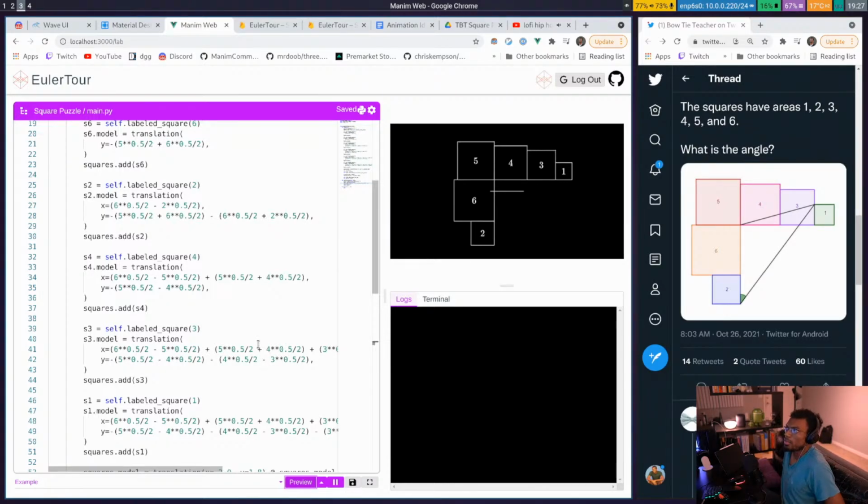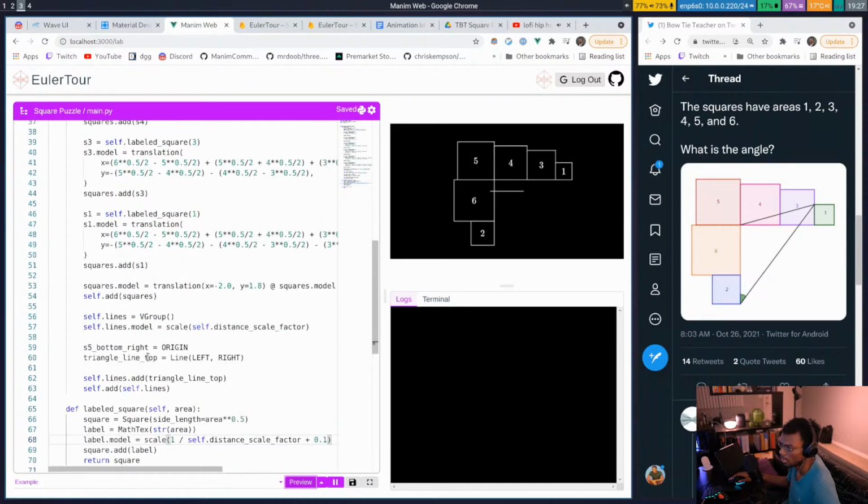So now I get to place the endpoints of this line.